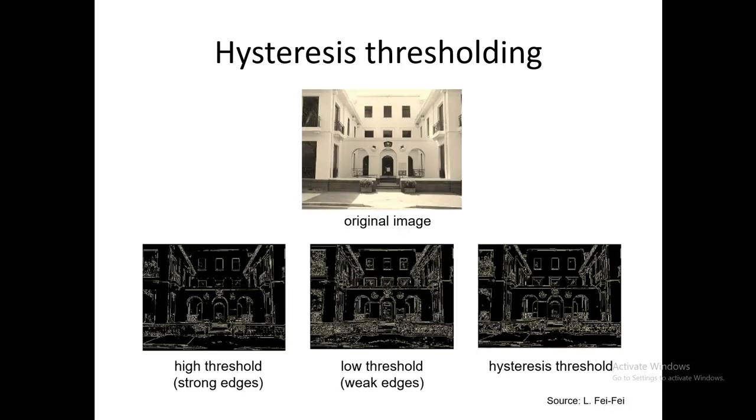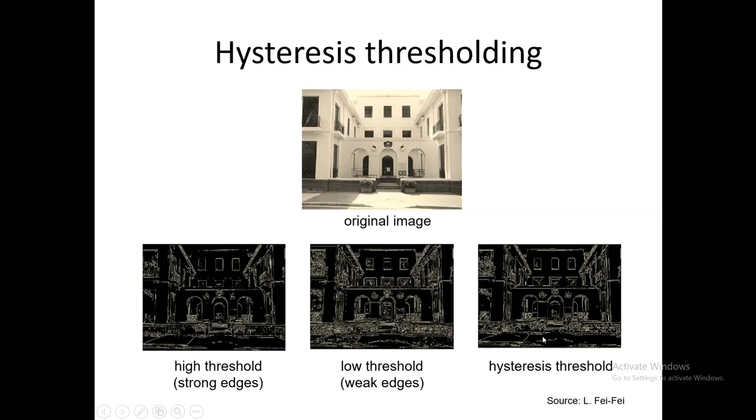And here is an example of hysteresis thresholding. We have the original image, and the results with high threshold, low threshold and hysteresis threshold. We can see that in the high threshold there are lots of discontinuities of edges, and the low threshold consists of lots of unnecessary details which may be created by noise or some other source.